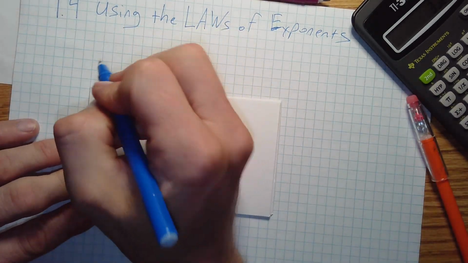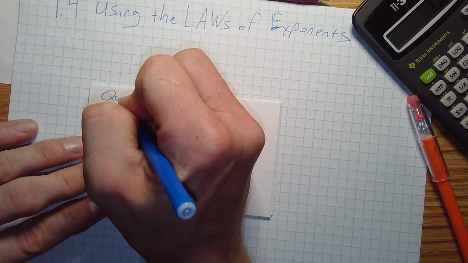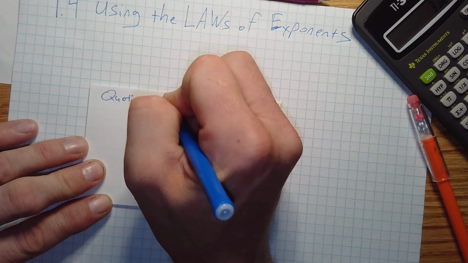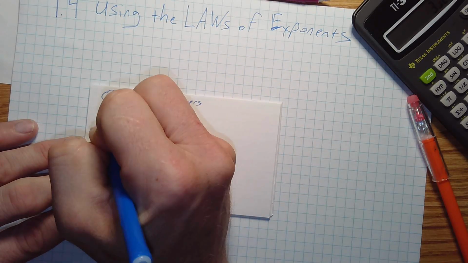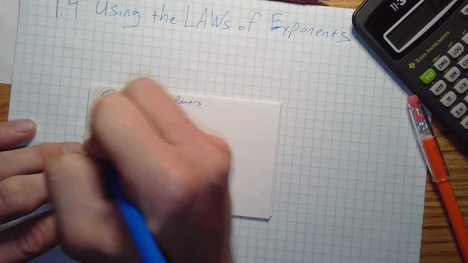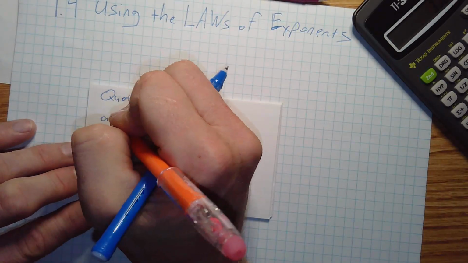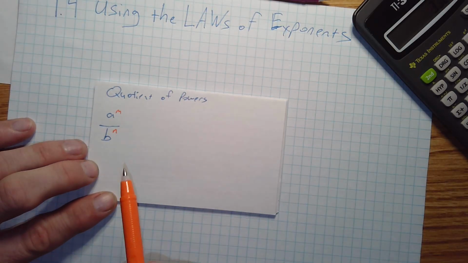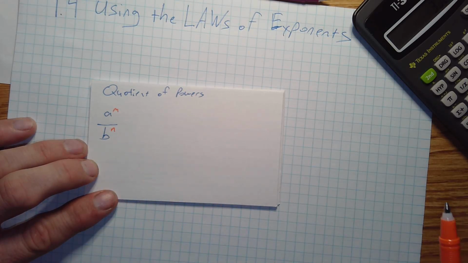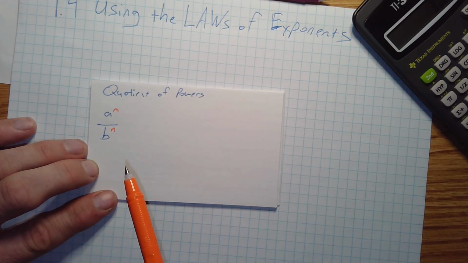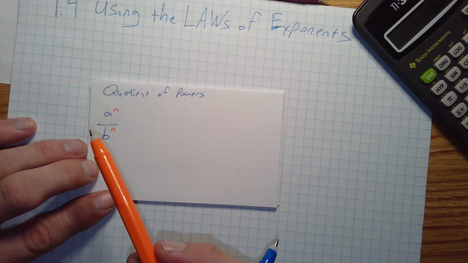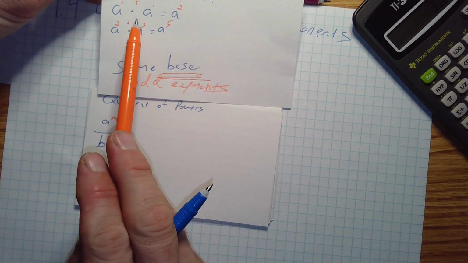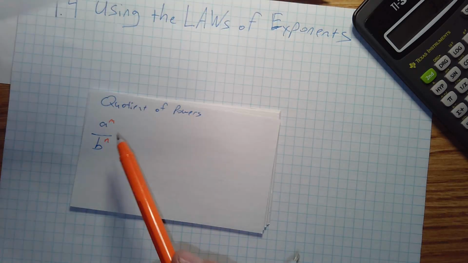All right, quotient of powers. Dividing. So we have an A divided by a B, and we have an M and an N, right? Remember, products are adding. Quotients are the opposite of adding. So this is multiplication, and you add the exponents. This is division.